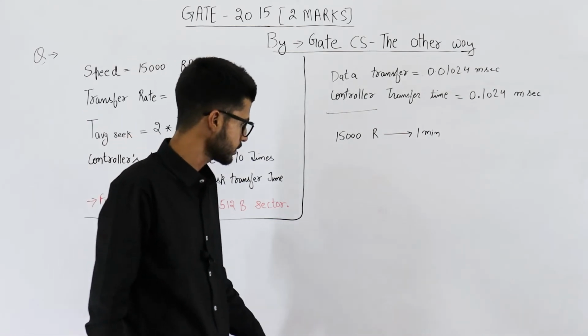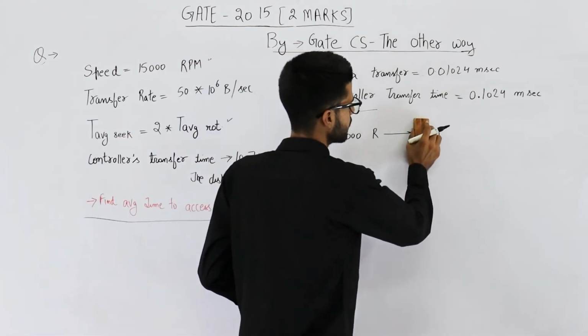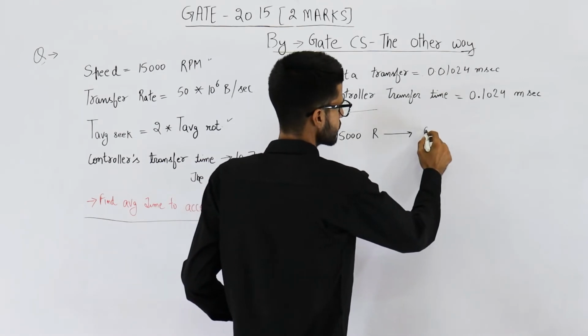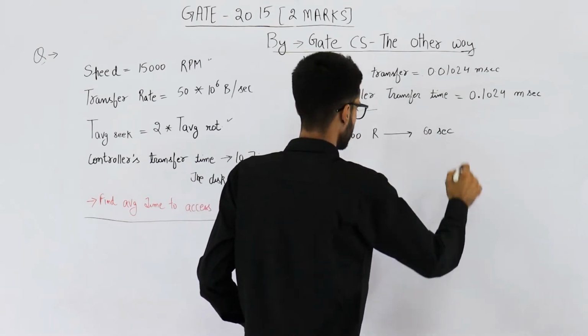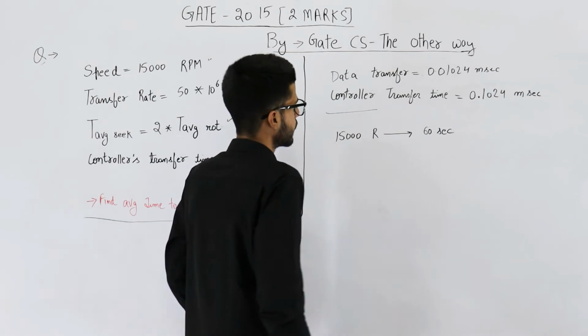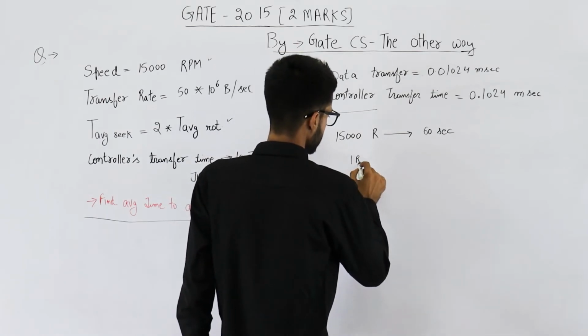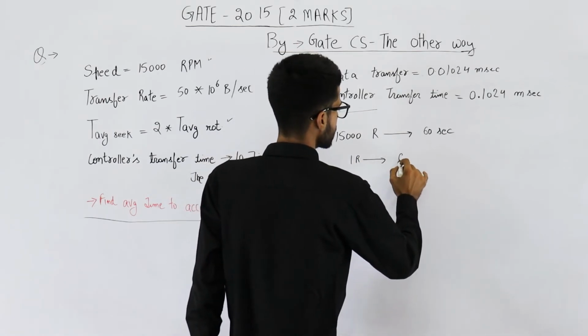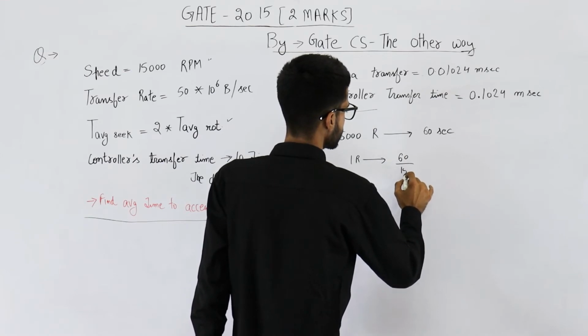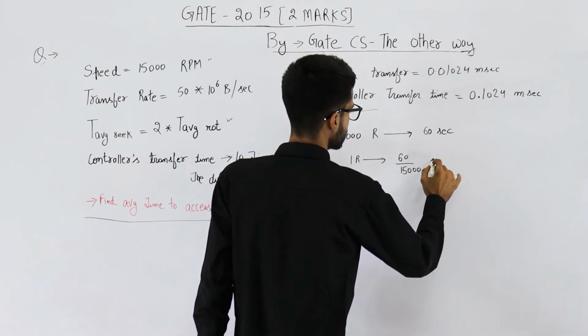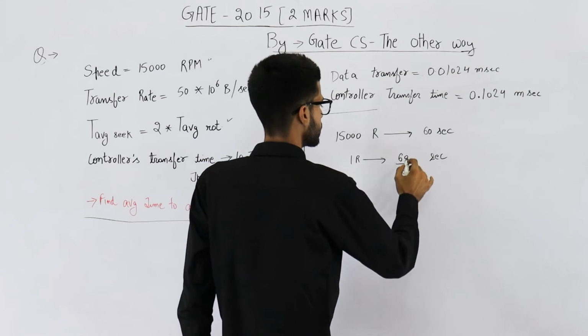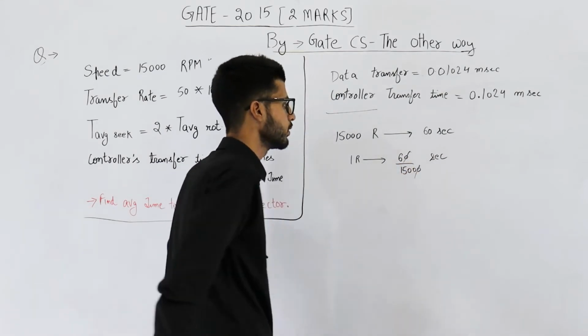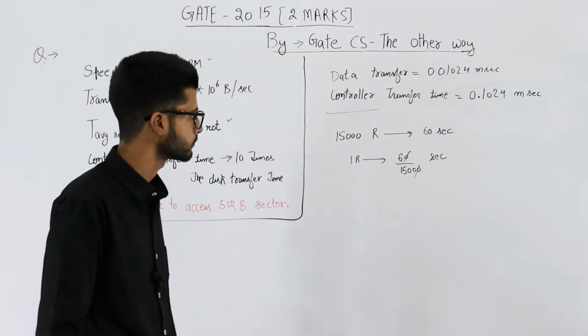Now 15,000 rotations per minute means 15,000 rotations in 60 seconds. That means one rotation is going to take 60 upon 15,000 seconds. So this is 6 upon 1500 seconds.